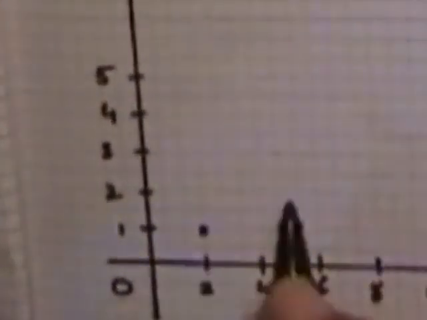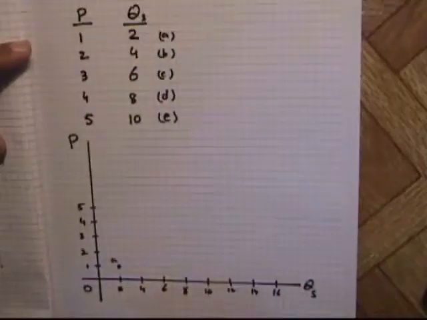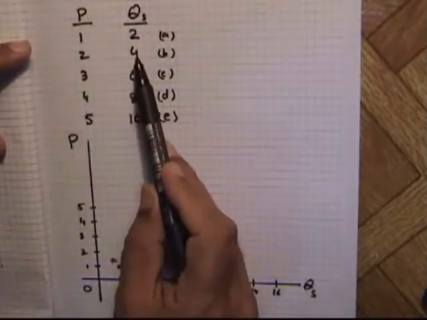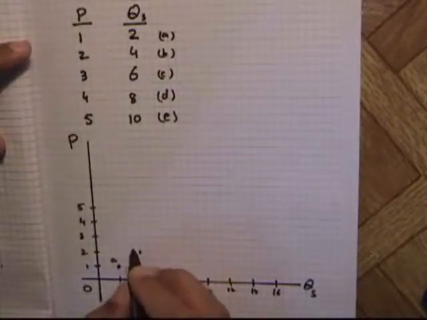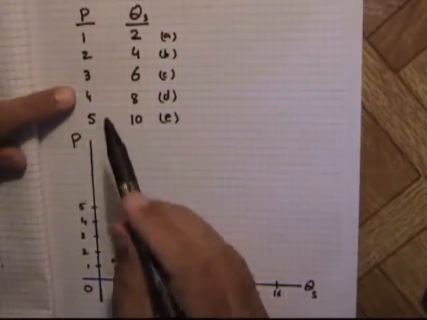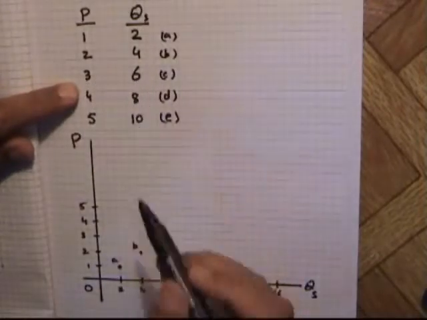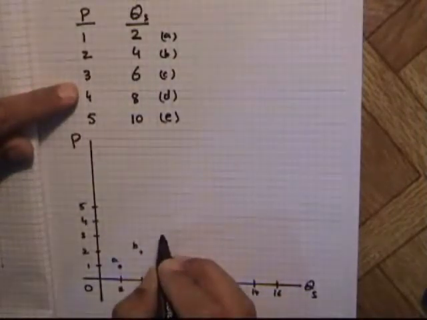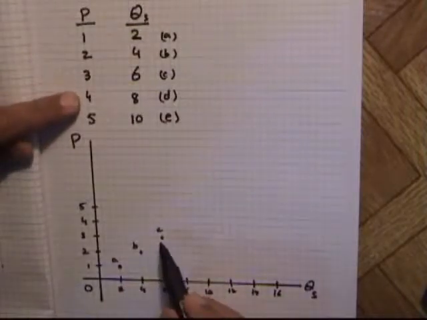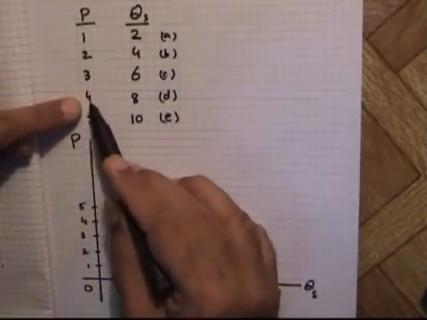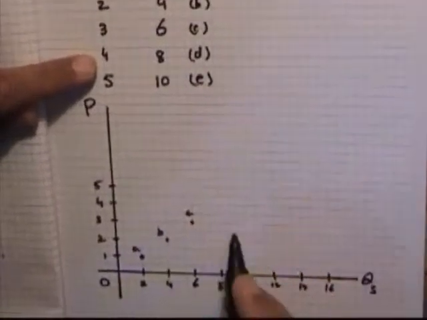So this is point A. When price is 2, quantity supplied is 4. This is point B. When price is 3, quantity supplied is 6. This is point C. When price is 4, quantity supplied is 8.